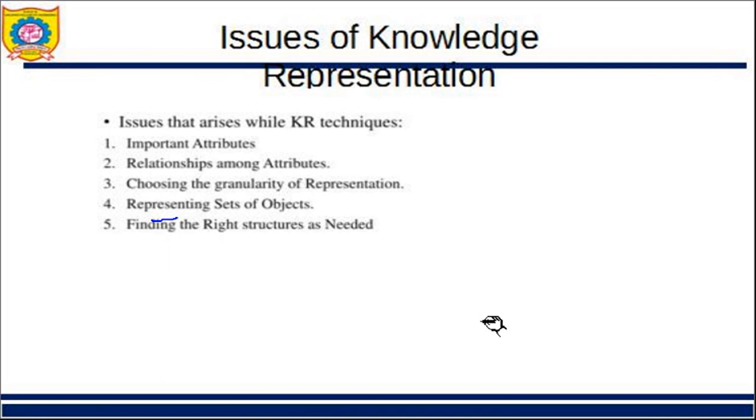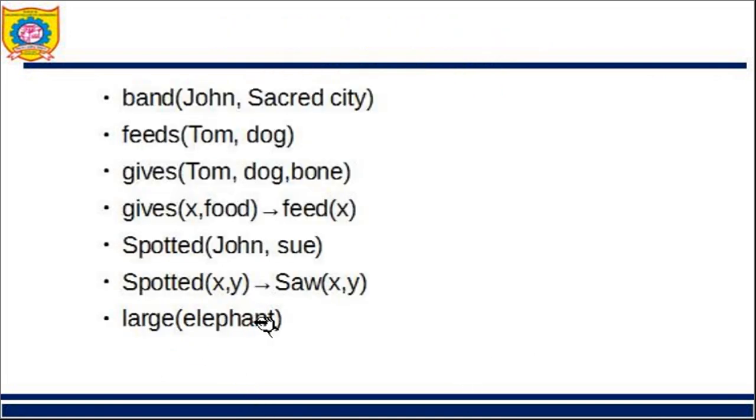Inheritance propagates down to the individual. Now here one example is shown to you: large elephant. So what does it mean? It means that the set of elephants is large, or it also means that anything that is an elephant is large. So whatever granularity you want to take, because all the elephants are large, you can say that there is a certain set of elephants and that whole set is large, or I can say every single element of that set is large, because this property is true for the set and for all the elements of the set.